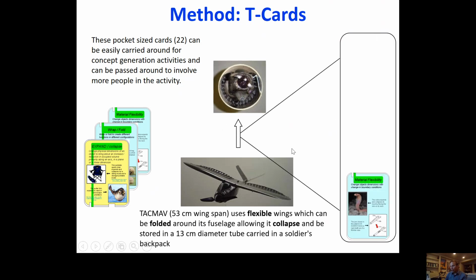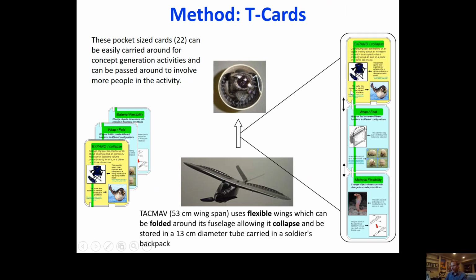How does it do it? Well, it uses the facilitator of material flexibility. The wings are flexible, and it uses a wrap or fold procedure. We're wrapping the wings around the body, and that is a subset of the expand and collapse principle. By using the T cards, there are these color codings on them. In this case, it's green.